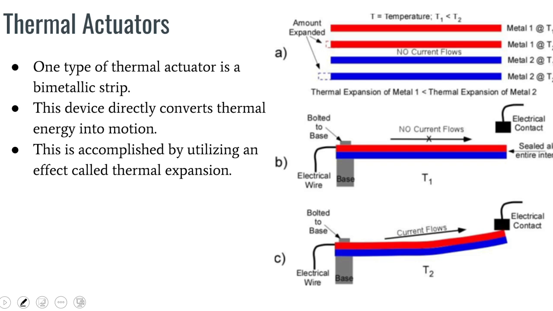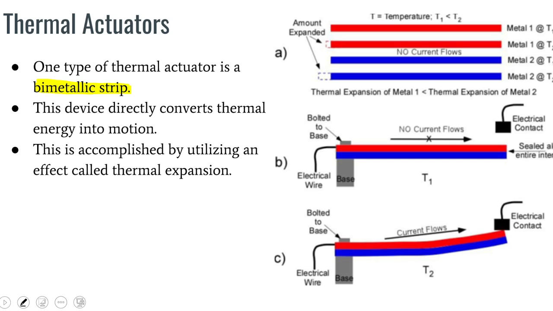If we think about thermal actuators, a bimetallic strip, for example, is a simple example of a thermal actuator. This is where you have two metal strips of different thermal properties.